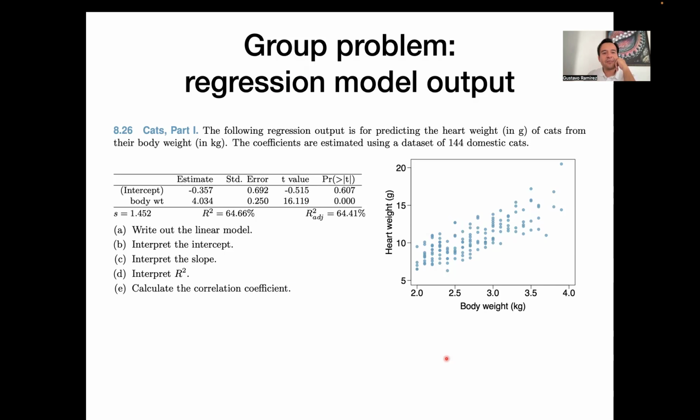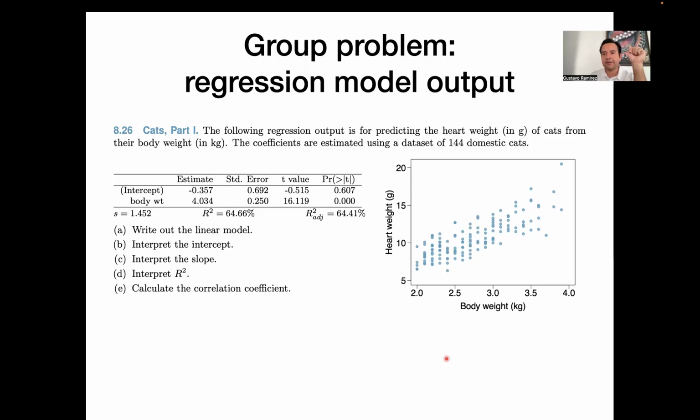But anyway, we've got our same tabulated summary for the data set here. Again, we've got an intercept, which would be one of our model parameters, the y-intercept. Body weight is our slope, so it's a second model parameter. The estimates for those parameters are your first column there. You get other columns for error, t-value, and then an actual p-value.